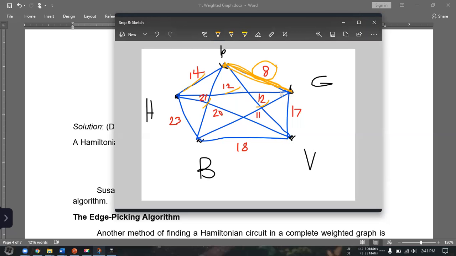Grocery to the bank, 11 minutes. Grocery to video rental, 17 minutes. Which edge has the smallest weight? Grocery to bank. So we'll have to use that edge.